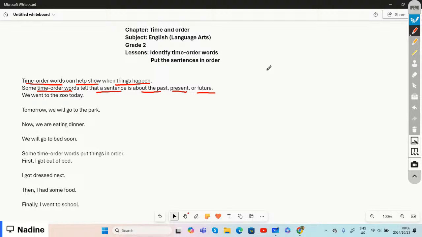All right. So we said we went to the zoo today. Went shows that it happened already. And then we can say today. When it comes to time order words, it's things like today, now, firstly, lastly, secondly, and so on.